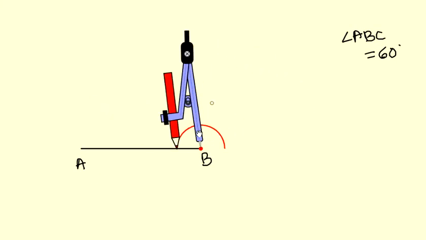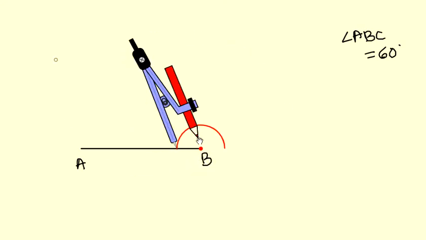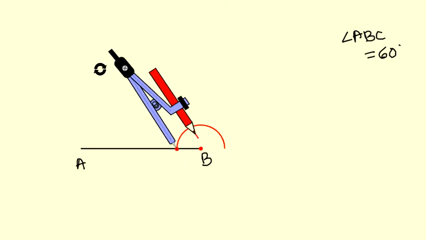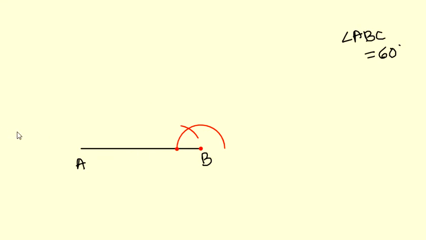Now 60 degree that you have to construct. You know, this semicircle touches this line at this point and at this point. So you know how to construct 60. This is your 60 degree. Now this point you got here, this is your 60 degree. So just draw a line.